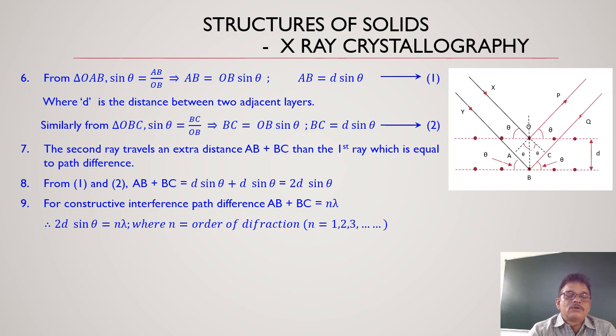AB plus BC is equal to 2d sin theta, which is equal to the path difference n lambda, where n is the order of diffraction. N is called the order of diffraction. So n lambda is equal to 2d sin theta. This is called Bragg's equation.